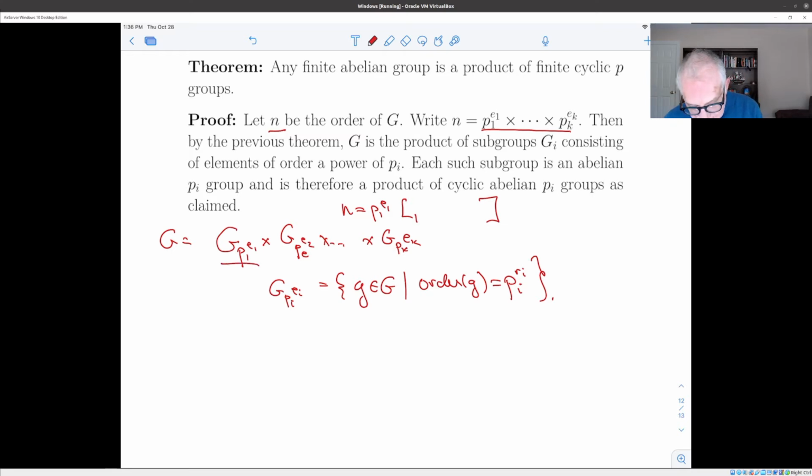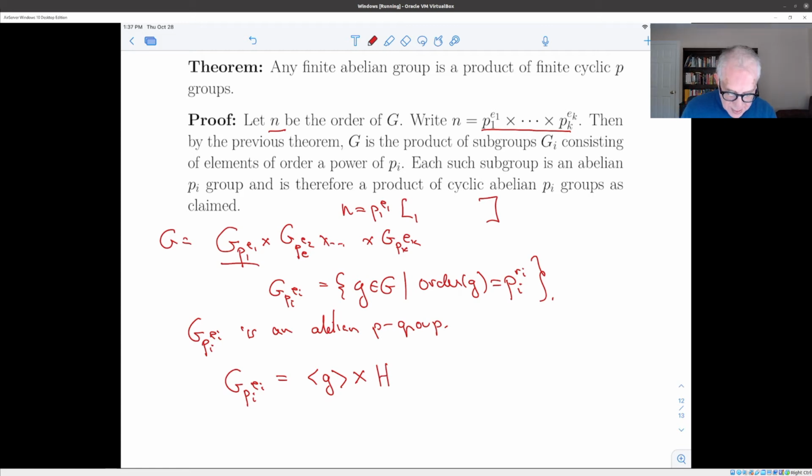Each of these G_{pi^ei} is an abelian p group, right? Every element of this group has order dividing its order, a power of p. So now we can use our result on abelian p groups to write this as G1 cross H, where G1 is generated by the element of maximal order, and H is the thing that we've worked out in that proof about the splitting of abelian p groups.